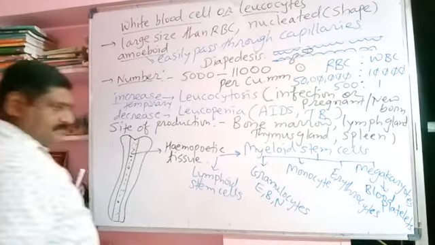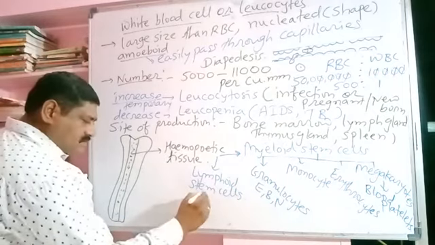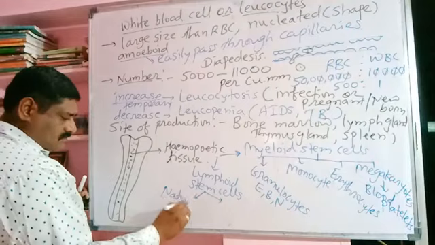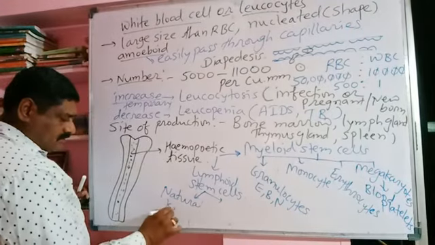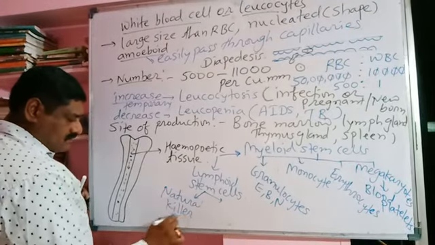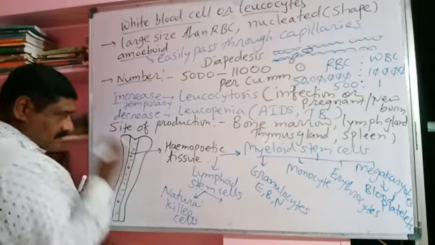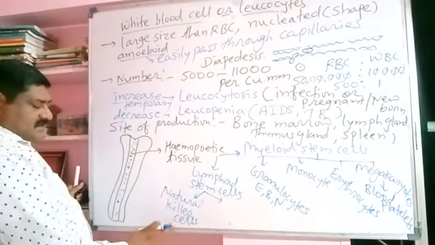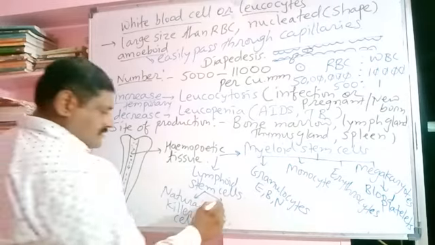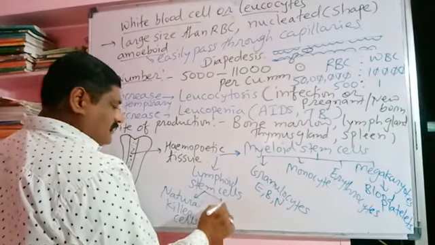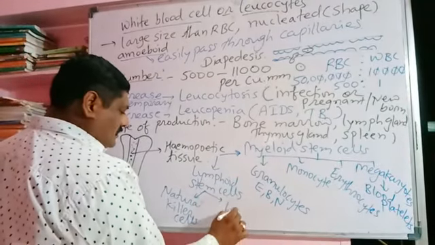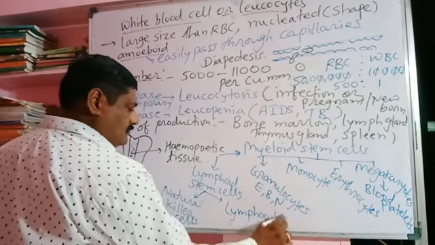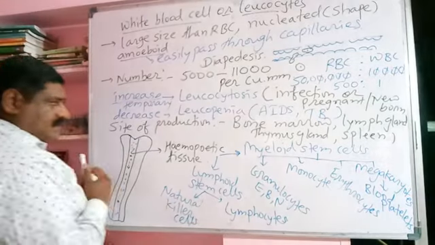Lymphoid stem cells produce natural killer cells, the large granulated lymphocytes, and the second type of cells, that is lymphocytes, T and B lymphocytes.